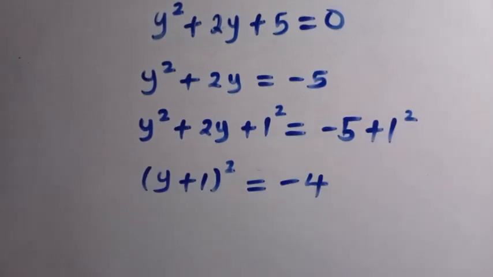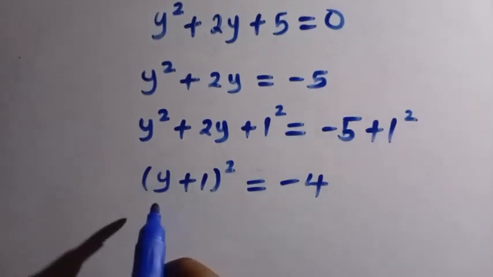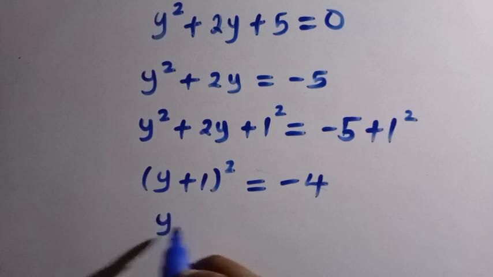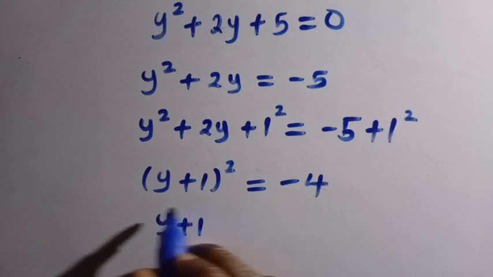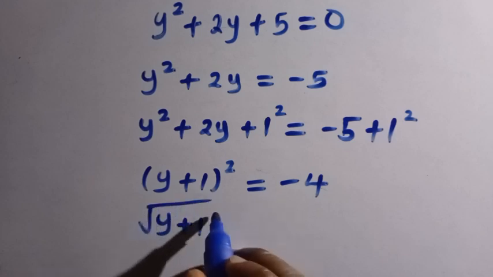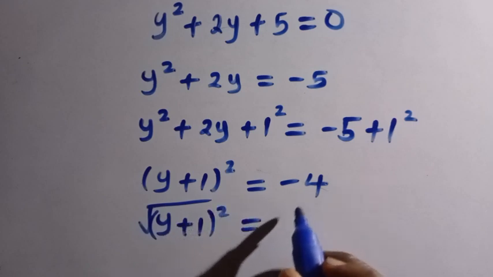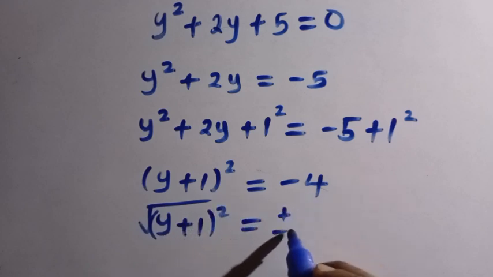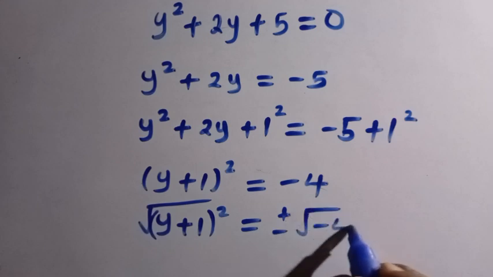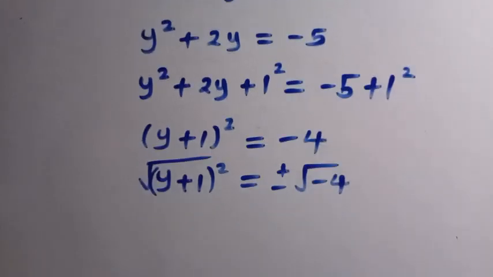Then let's take the square root of both sides. We have y plus 1 squared on this side, and when we take the square root of this side, we introduce plus or minus, and here is the square root of minus 4. So the square root and the square cancel.